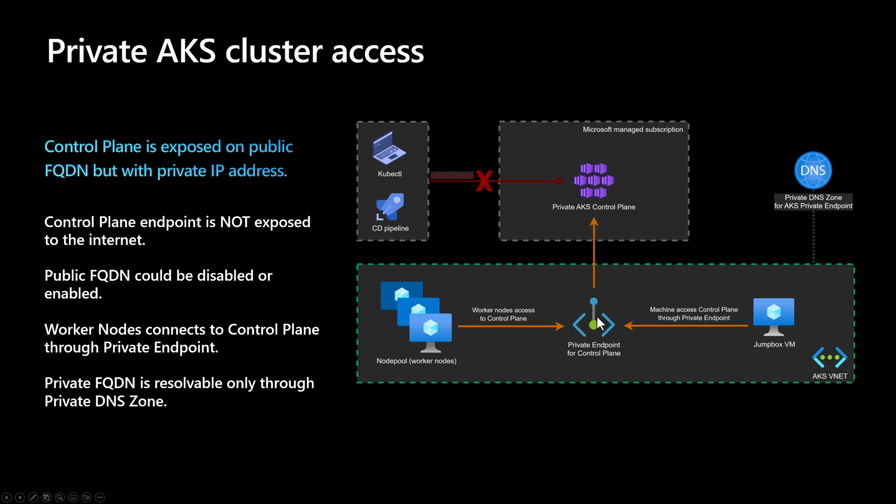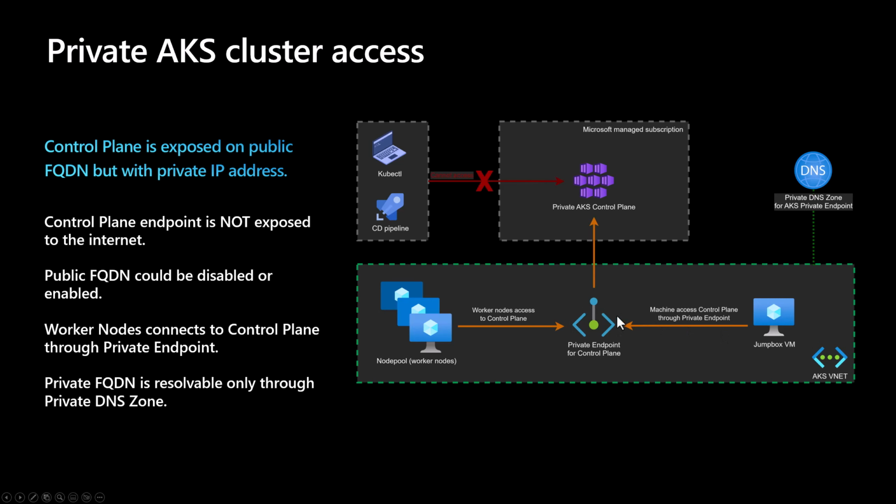The same goes for DevOps teams and the kubectl command line. If they want to access that private cluster, they will not be able to use a public endpoint, because we don't have one right now. It's a private IP address, and the only way to connect is through a Jumpbox virtual machine deployed inside the AKS VNet or a peered network.